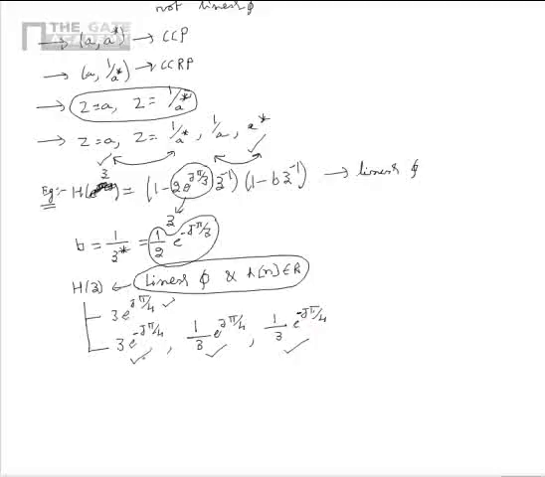Suppose a linear phase LTI system has impulse response h(n) such that h(n) is equal to minus 1 whole power p multiplied by h(N minus n).